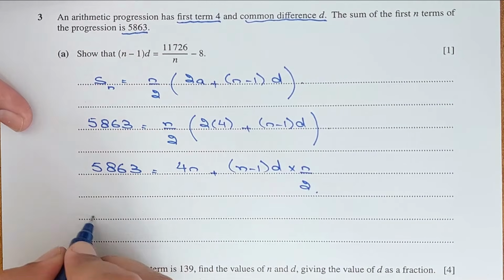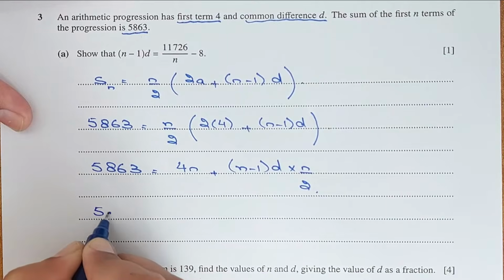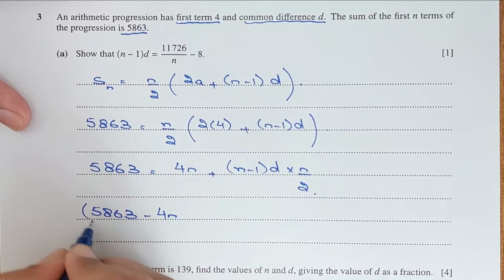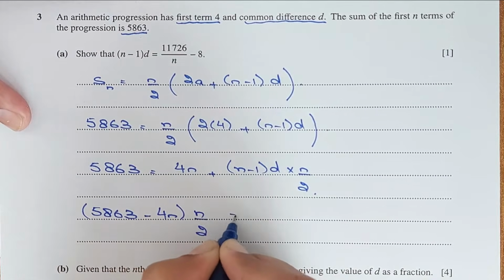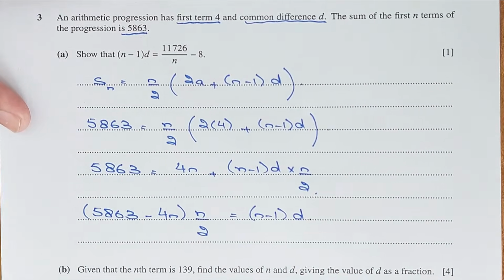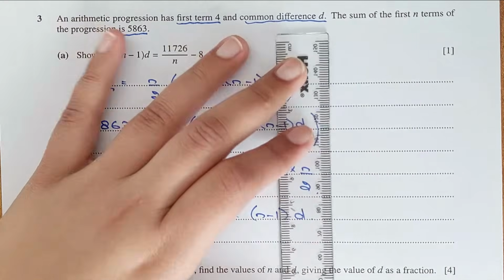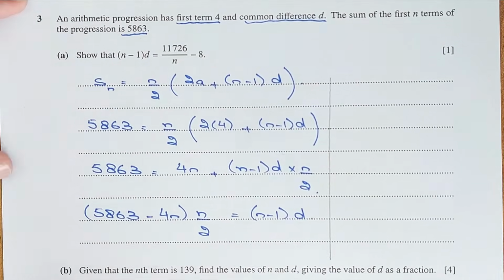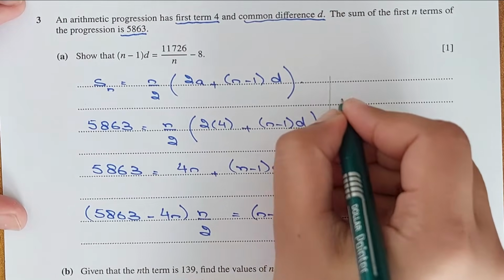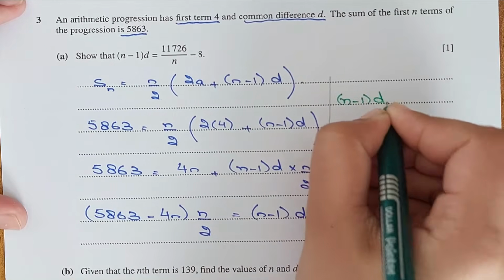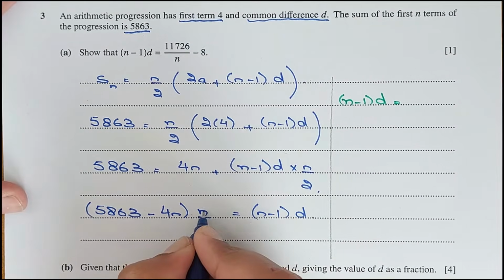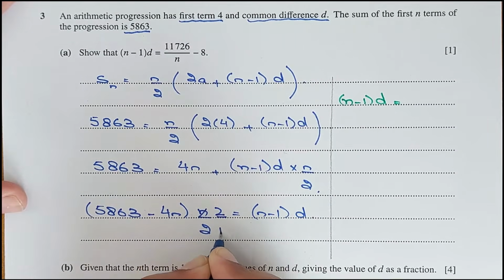So we can say 5863 minus 4n, and then times by n by 2, is equal to (n minus 1) times d. Let me simplify this further. When we take the reciprocal of n by 2, this is 2 over n, not n by 2.